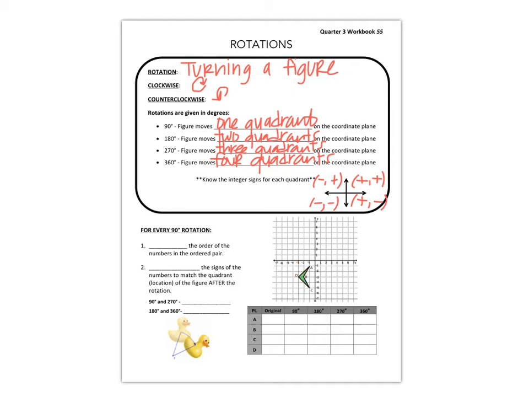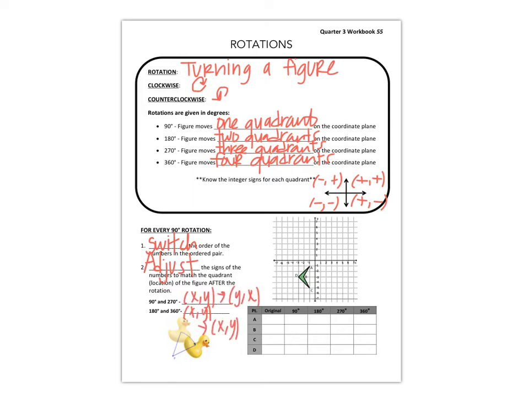Alright, so down here below, we have this quadrilateral. We're going to move that clockwise. So for every 90-degree rotation, switch the order of the numbers in the ordered pair. Adjust the signs to match the quadrant.